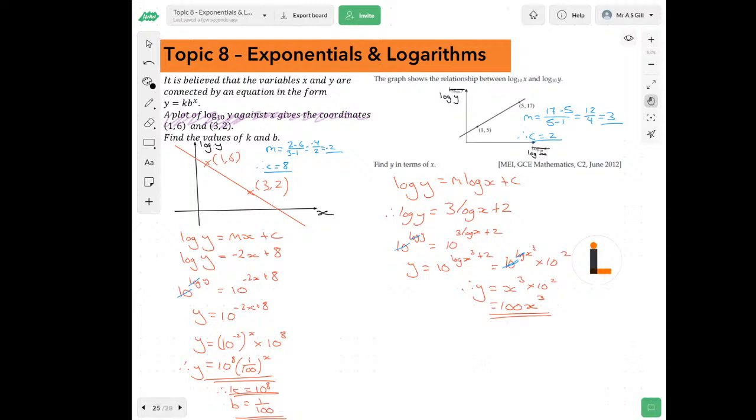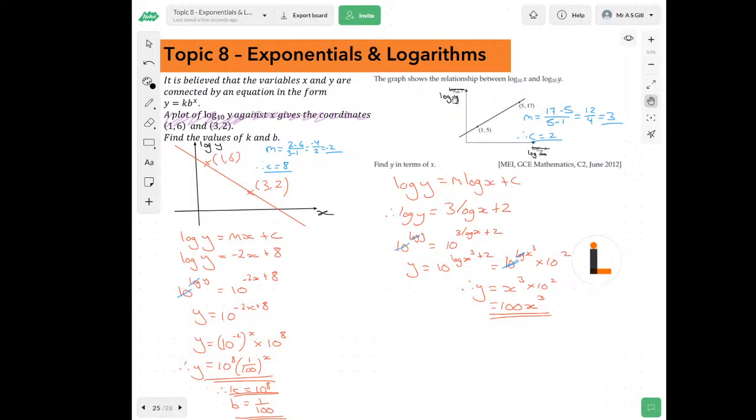So when we apply the logs, we look at first, what are we given in our axes? On this left-hand side, the relationship is between log y here and x. So our equation is log y is equal to mx plus c.